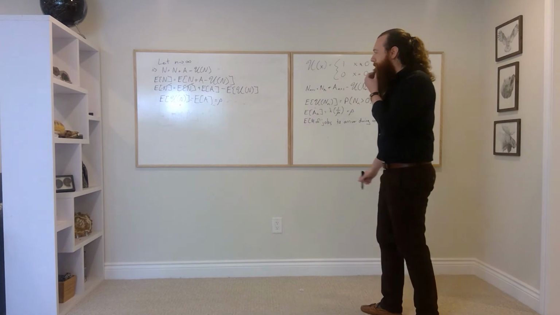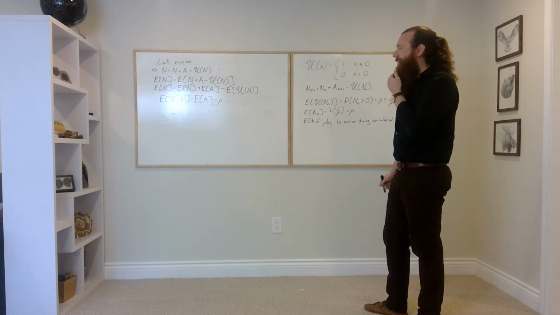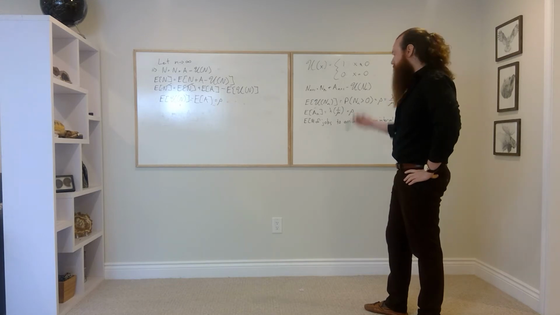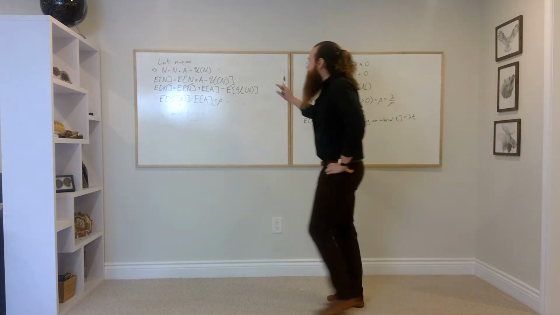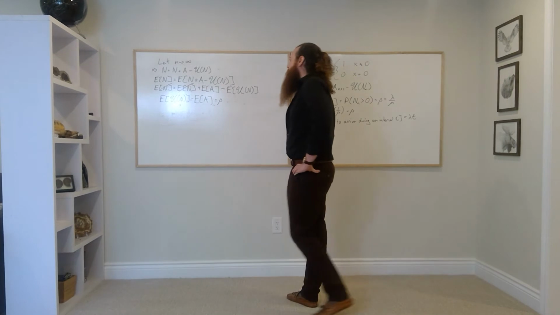Did I screw something up? So it seems like this equation actually doesn't give us any new information. Is there anything we can do? There's no information in this equation that we didn't already know.